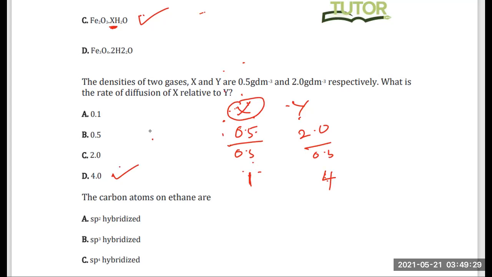Don't forget what Graham's law states: the rate of diffusion is inversely proportional to the square root of the mass or density.